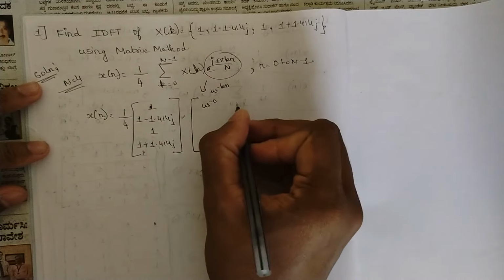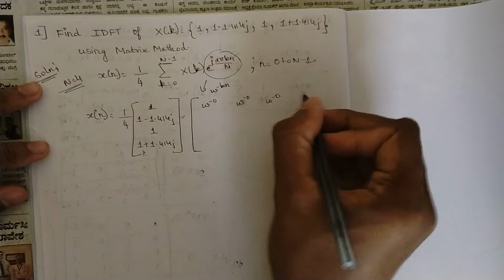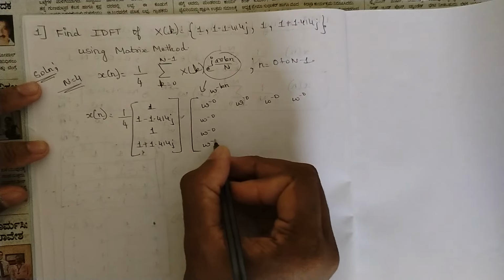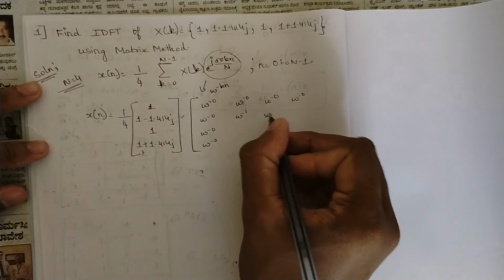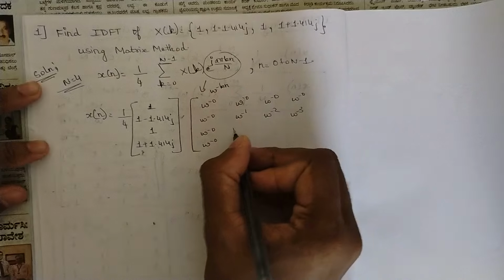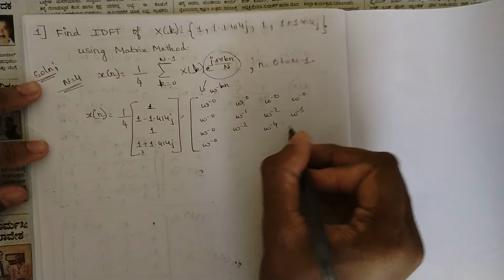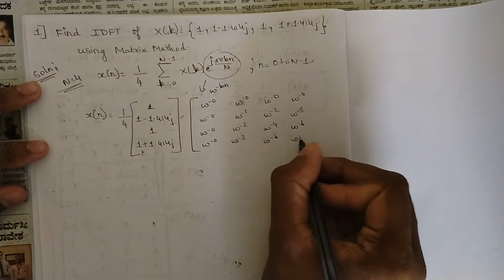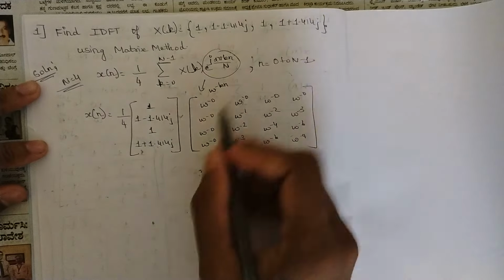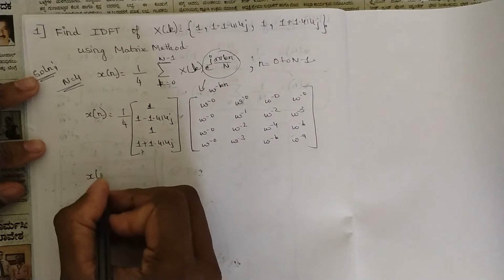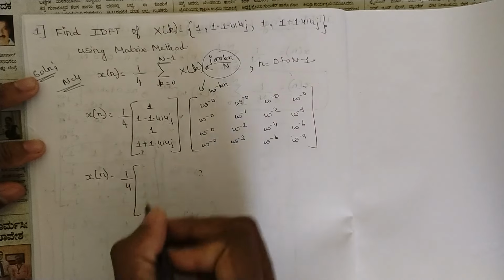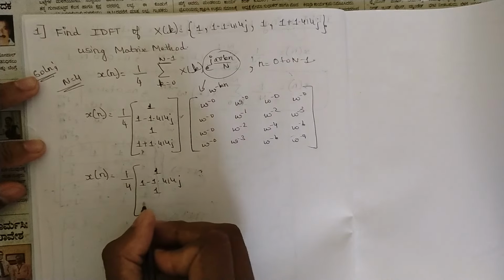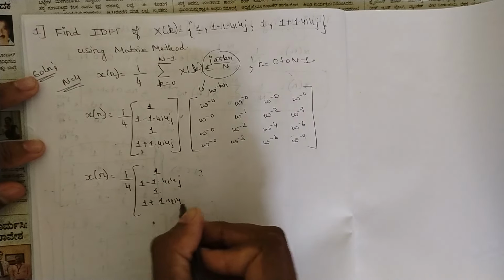First is w to the power minus 0, then here we have w to the power minus 1, minus 2, minus 3, then here multiples of 2, minus 4, minus 6, minus 3, minus 6, minus 9. Already we have discussed how to write this matrix, so I am going to substitute it directly now. 1 by 4 into 1, 1 minus 1.414j, 1, 1 plus 1.414j.